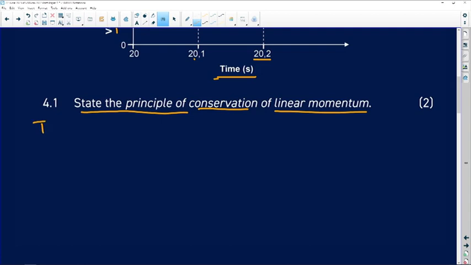Then how do we state the principle of conservation of linear momentum? We say that in an isolated system. If the system is isolated, we should know that is the same as closed.